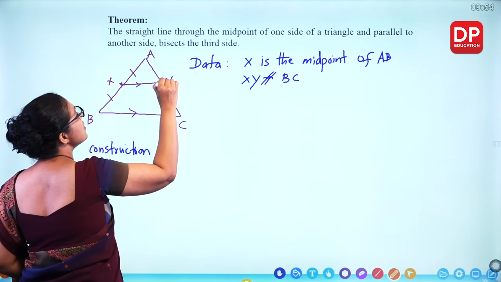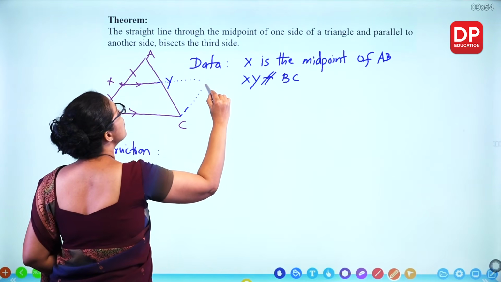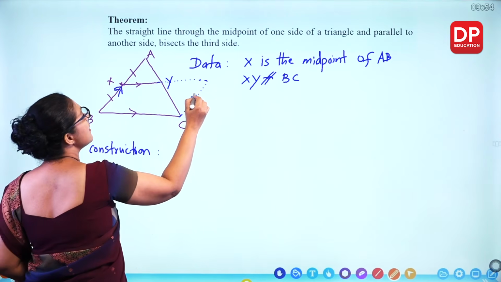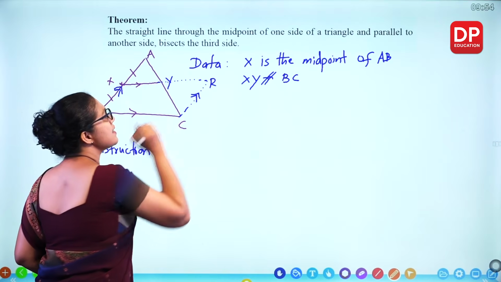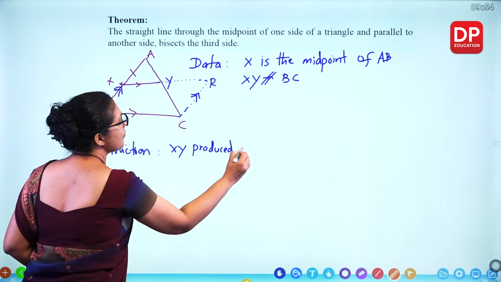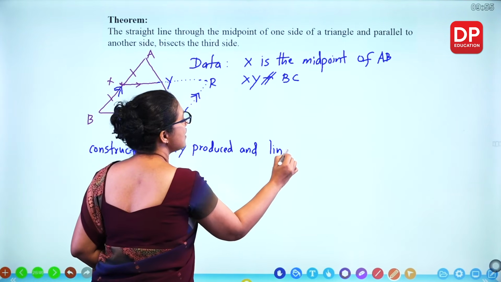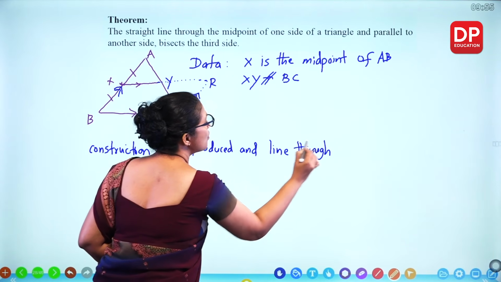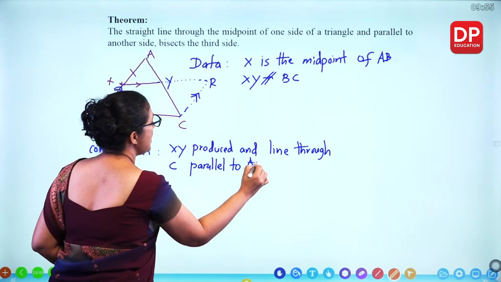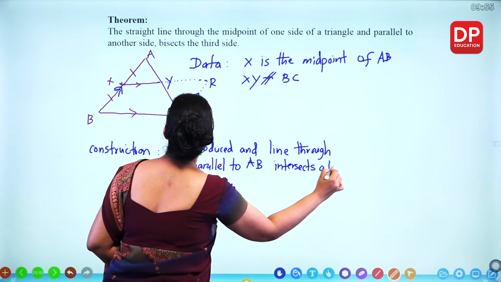We extend XY produced and the line parallel to AB through C. So this line and this line are both parallel, and this line meets at R. So we'll write XY produced and line through C parallel to AB intersects at R point.